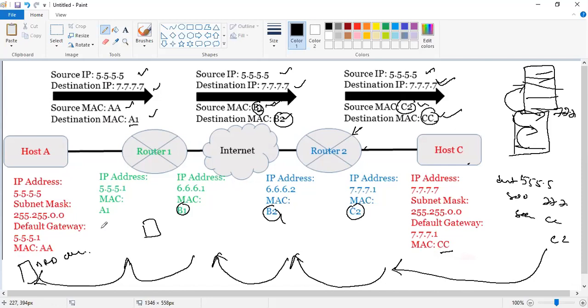If it is not there, then you have to use an ARP request, and you'll get the ARP response, which is called the ARP reply. So this is how your routing works.